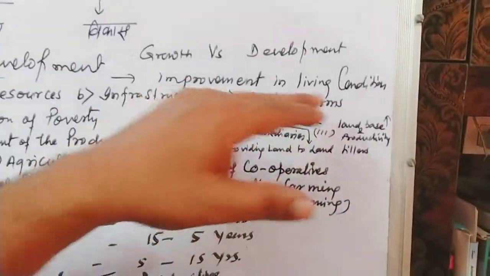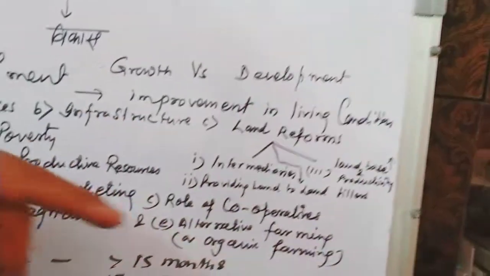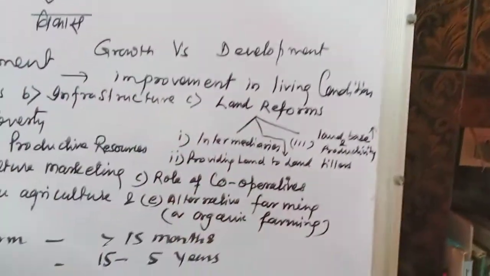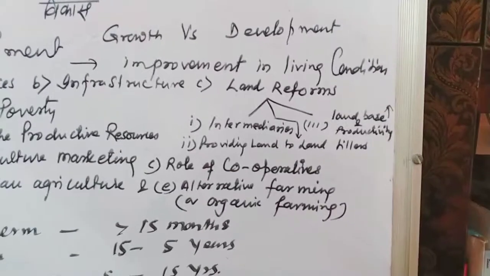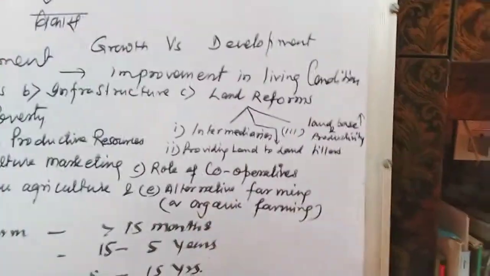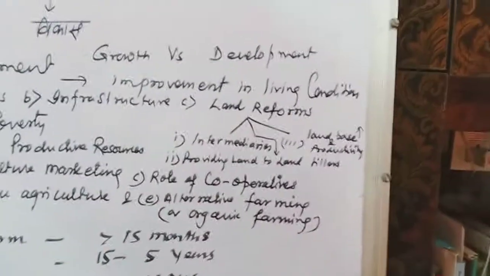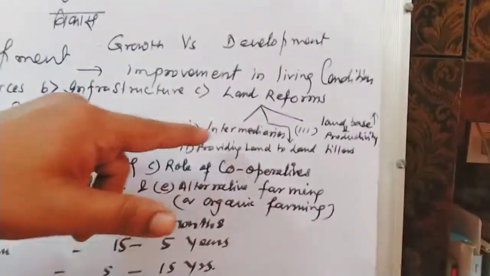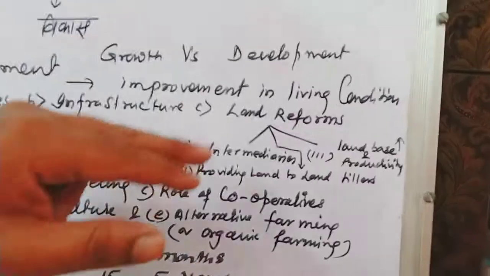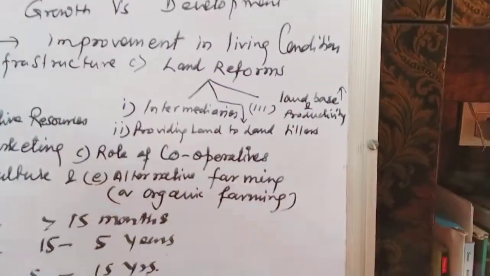Then the third one is land reforms. If you see, the rural areas are the feeders of the nation. Villages are the feeders of the nation. Farmers are the feeders of the nation, and farmers live in the rural areas. So land reforms are very much required. There are three aspects of land reforms. One is abolishing intermediaries.